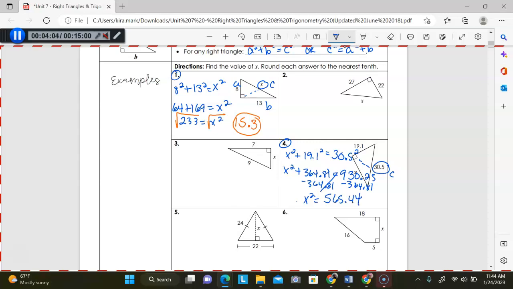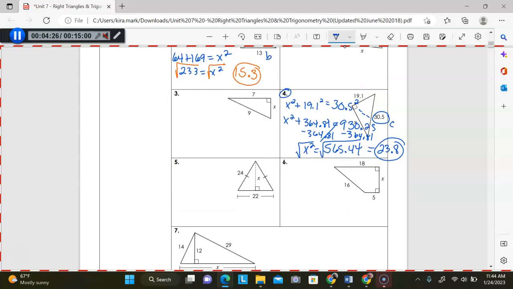Not my final answer. Again, square root. You just do the opposite button that we just pressed, and I get, again rounding to the tenth, 23.778, so 23.8. That 7 rounds up.